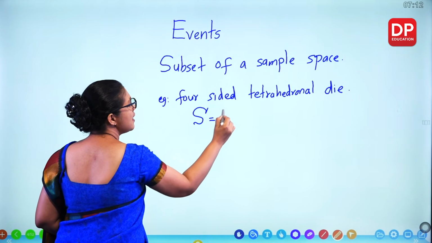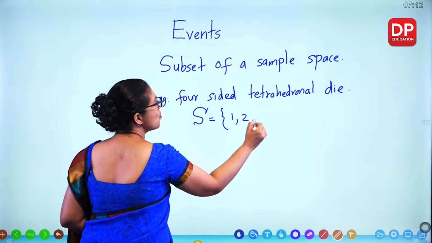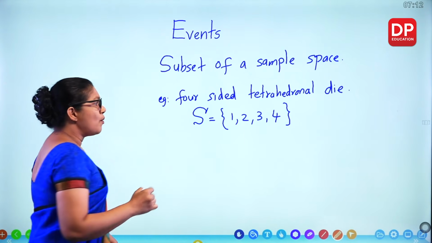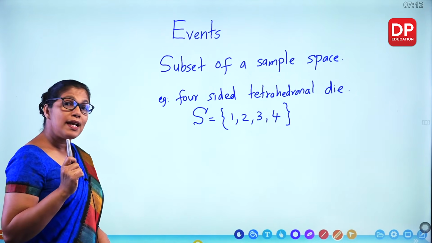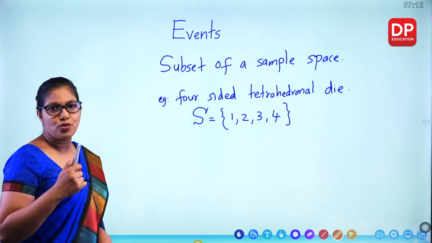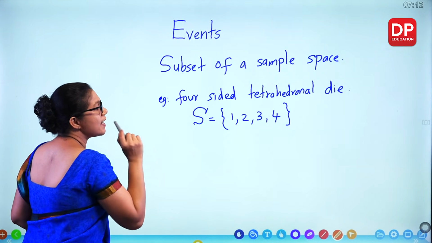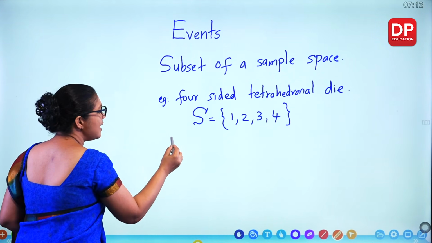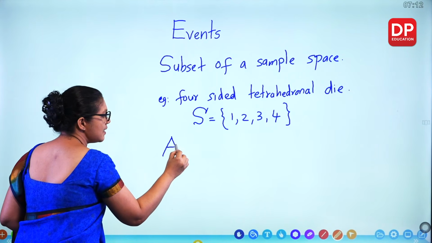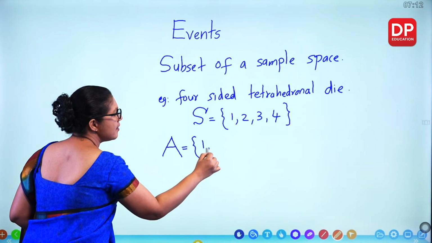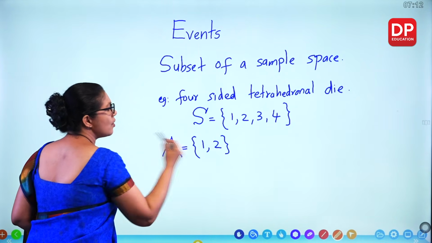S can be 1, 2, 3, 4. Now if I want to get only 1 and 2, I can label it as another event, A is 1, 2.